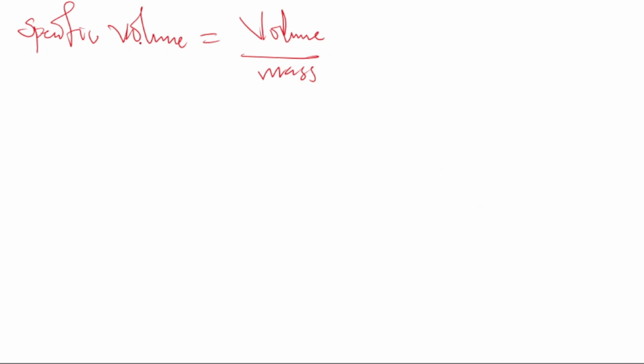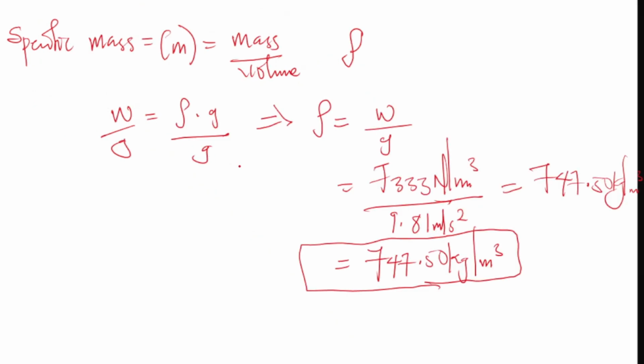Now, what you simply do is, remember, when we are talking about specific volume, I also told you that your specific volume can be represented as small v, or 1 over density. We know what density is, right? Density is basically specific mass. Now, what's your specific mass value? 747.50.